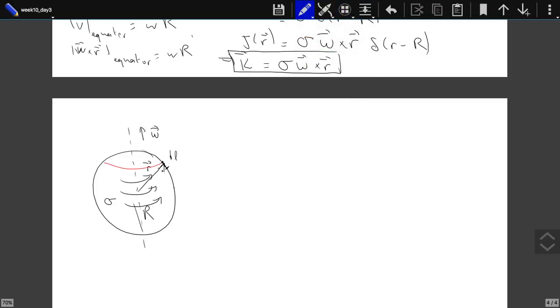Well, we can imagine this strip of radius, let's say this angle is theta, r sine theta.